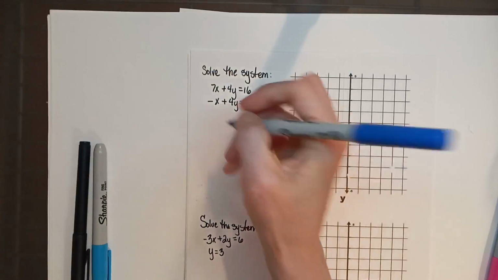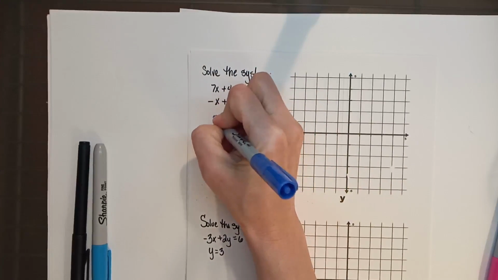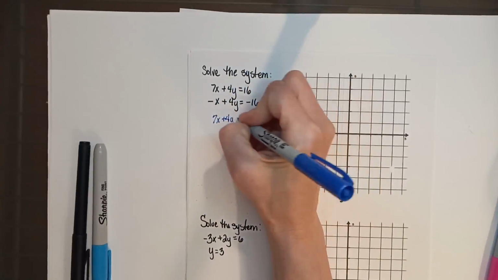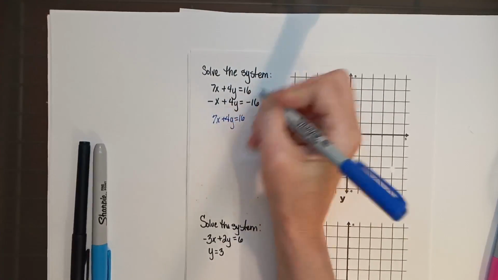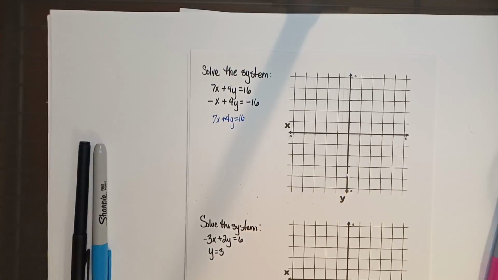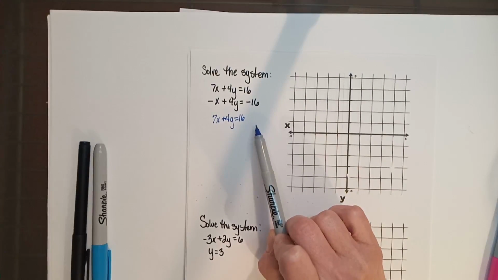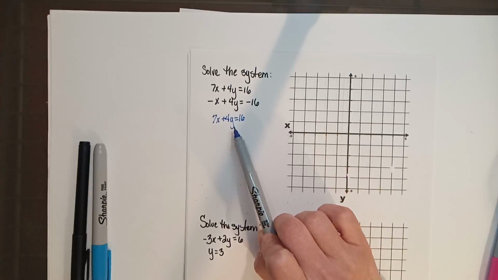Number 1, we have 7x plus 4y equals 16. And I can graph from this format, straight from that, but you have not learned how to do that yet. So we're going to instead convert this to slope-intercept form. And the way that we do that is by moving everything to the right side of this equation except for that y.